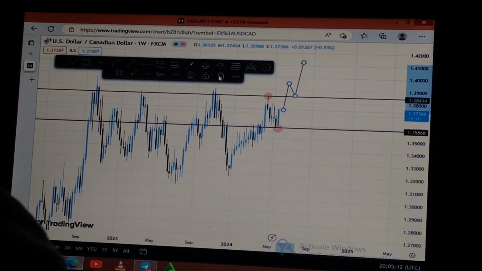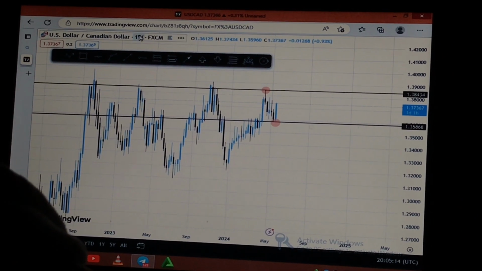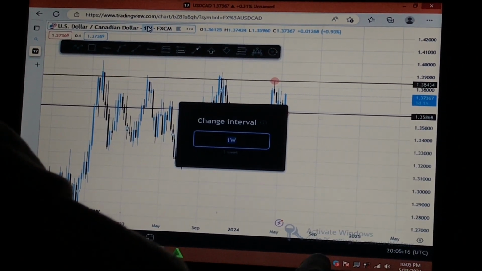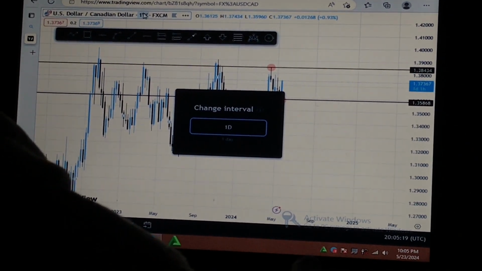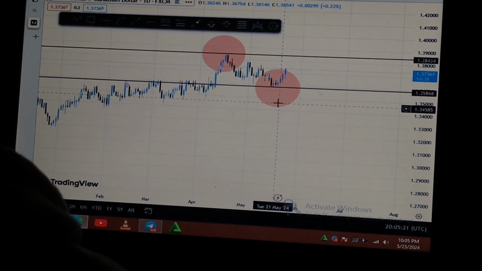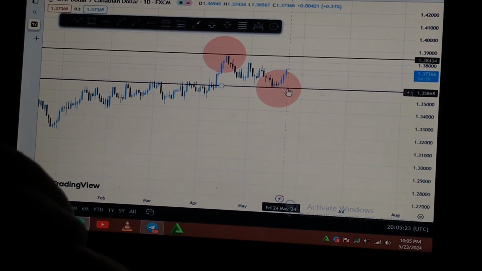So yeah, let's just scale into our lower time frame. Let's go to like our 4-hour, no, our daily, and see what's happening. Let me remove this thing.